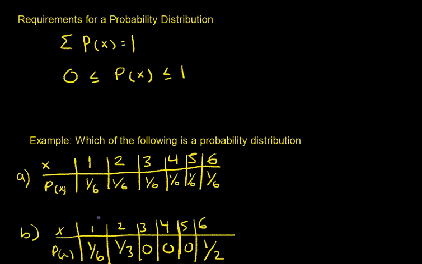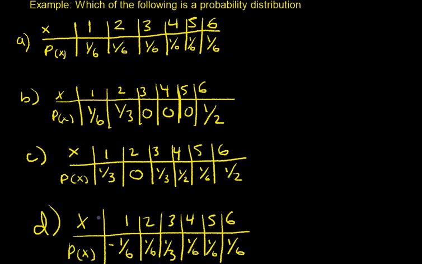All right. Let's do an example where we need to determine whether or not a probability distribution represented using a table is valid. We need to find which ones are probability distributions and which ones are not. Okay. So first, for this one we need to check the two required criteria.